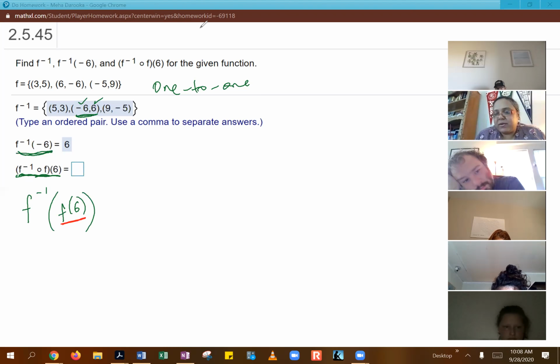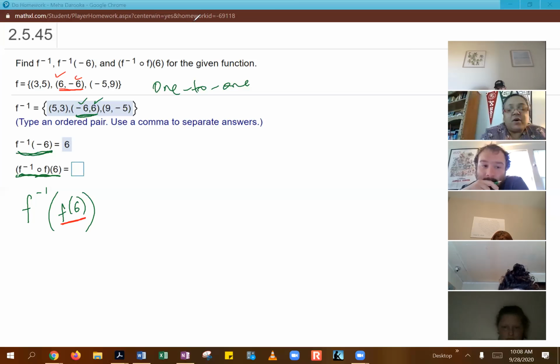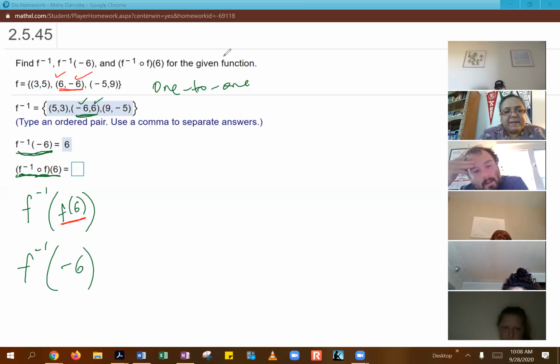What's your ordered pair going to be for f of 6? -6. Yeah, -6, because you're looking at this ordered pair. If the x is 6, the y would be -6. So that means when we come back over here, instead of f of 6, you're going to replace it with -6. And then go to the inverse function now, and what do we get as our answer?